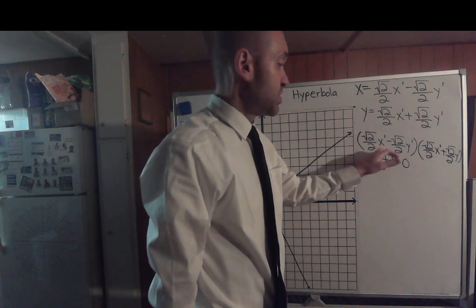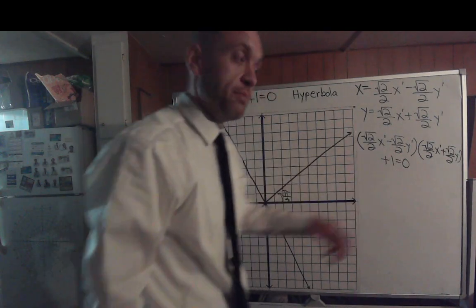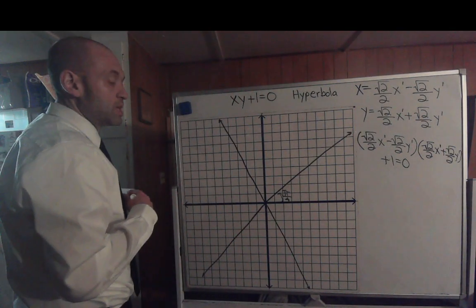Notice you have two binomials that are basically going to become a difference of squares.